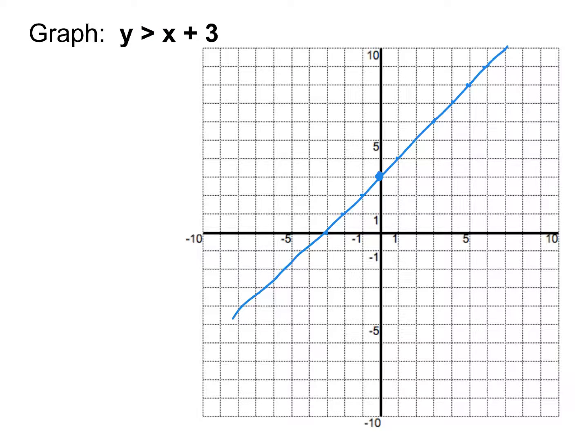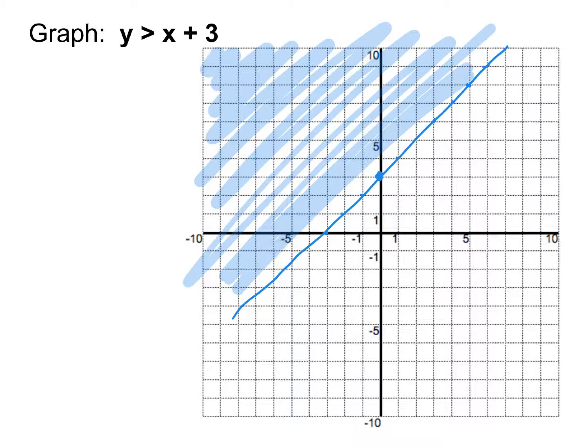Well, first of all, there's going to be some shading, and so one thing we do for this is we need to shade one side. Now in this case, we want to shade to show that all of the y's are greater, and so we shade in everything above that line. So anytime that you're graphing with an inequality, so greater than or less than, it means you're going to have to do a little bit of shading like this.